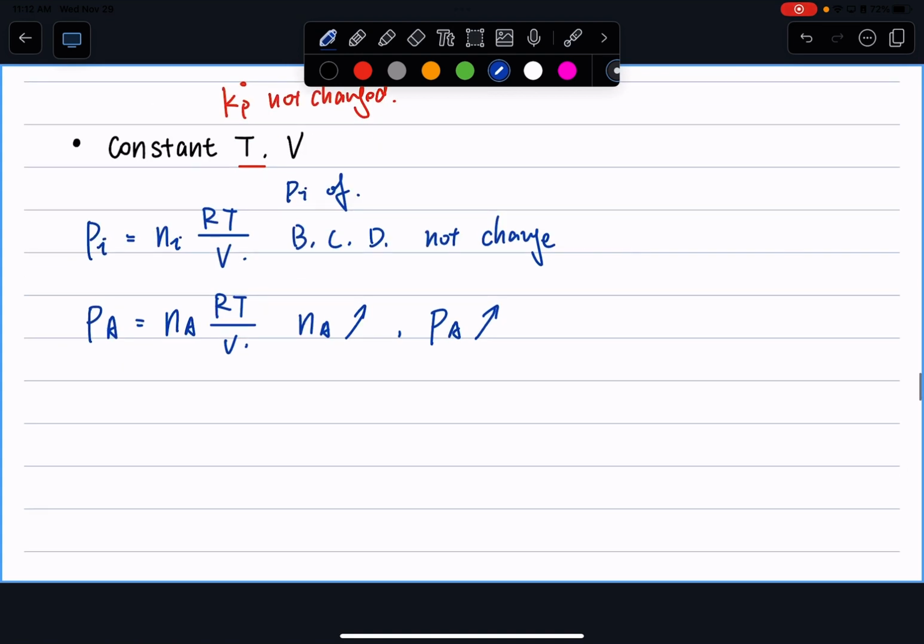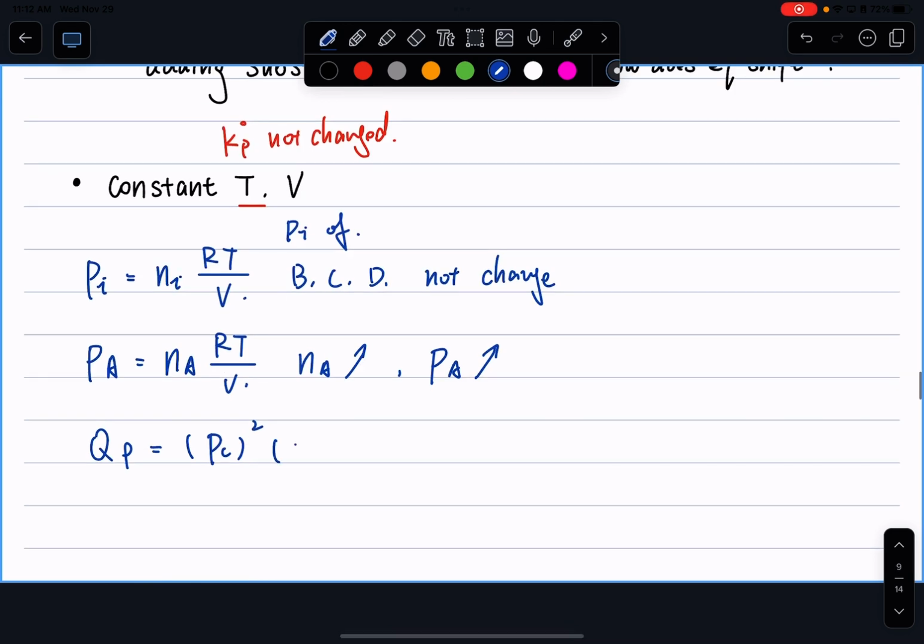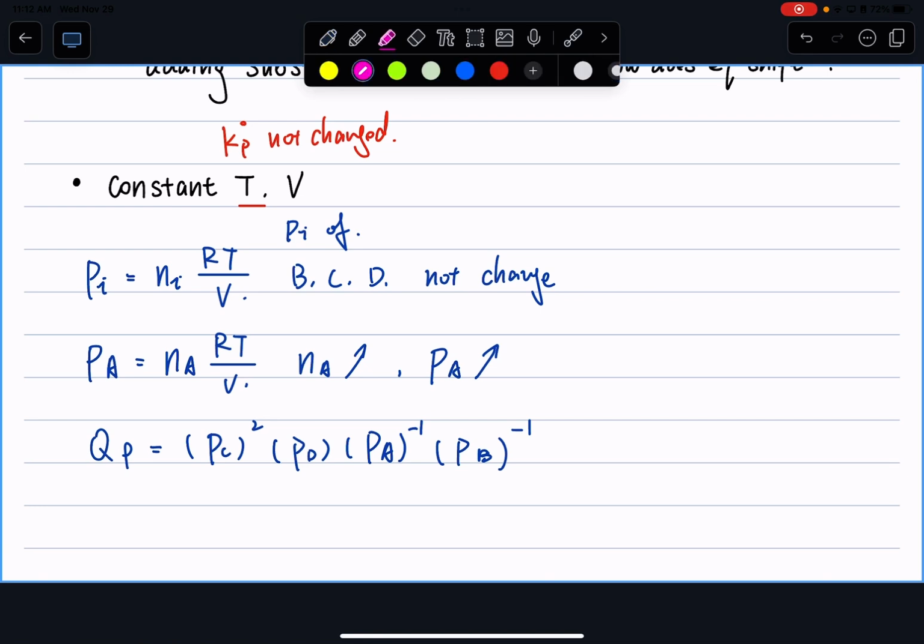Now your reaction quotient equals Pc squared, that's your coefficient there, times Pd, divided by Pa to the power of 1 and Pb to the power of 1. With Pa increasing, your Qp is going to decrease.